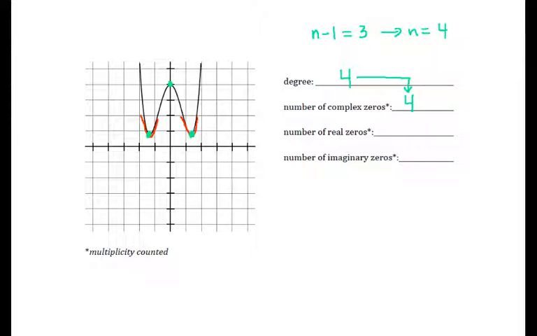So these are always the same. Now, the number of real zeros: this graph does not cross or touch the x-axis at all, so I have no real zeros, and therefore I'm going to get, for my number of imaginary zeros, the number of complex zeros minus the number of real zeros, which gives me, indeed, 4 non-real or imaginary zeros.